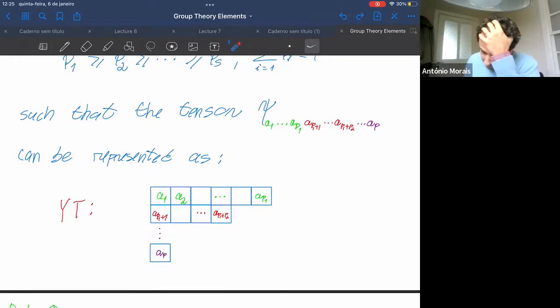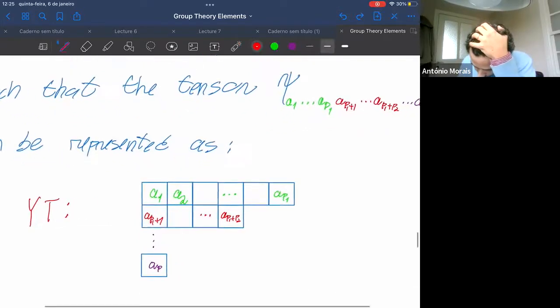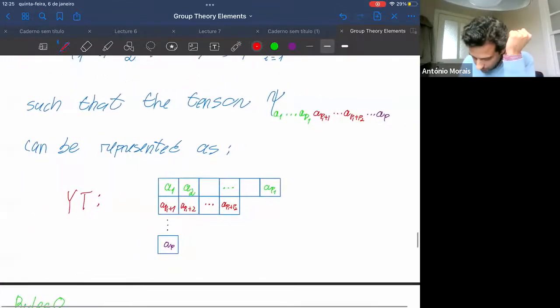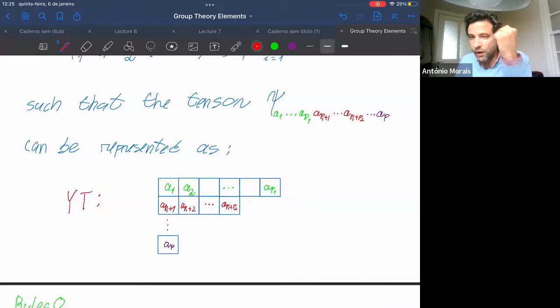The permutation of A2 with, here I can explicitly write, AP1 plus 2, is an antisymmetric permutation, and so on and so forth. So permutations in columns of the Young Tableau are antisymmetric. Permutations along the rows are symmetric.